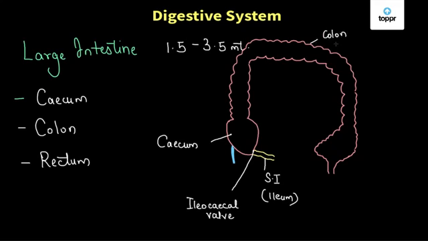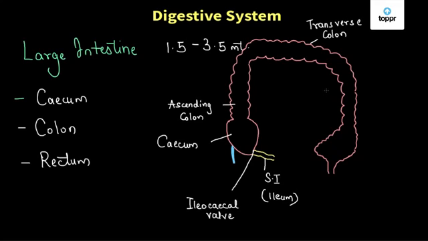But colon is further divided into four parts, and these parts are, this is the ascending colon. So first is the ascending colon, then comes the transverse colon.